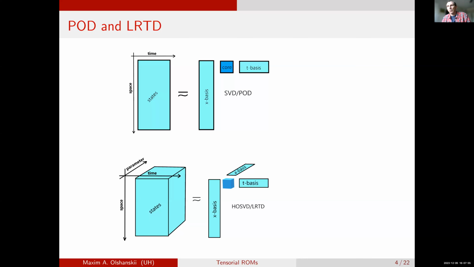There are several approaches to low rank approximation of a tensor, so I just illustrate one of them. You see here we keep this information about the variation of our snapshots in the parameter space, and the name of the game is to benefit from this information while we build the ROM.